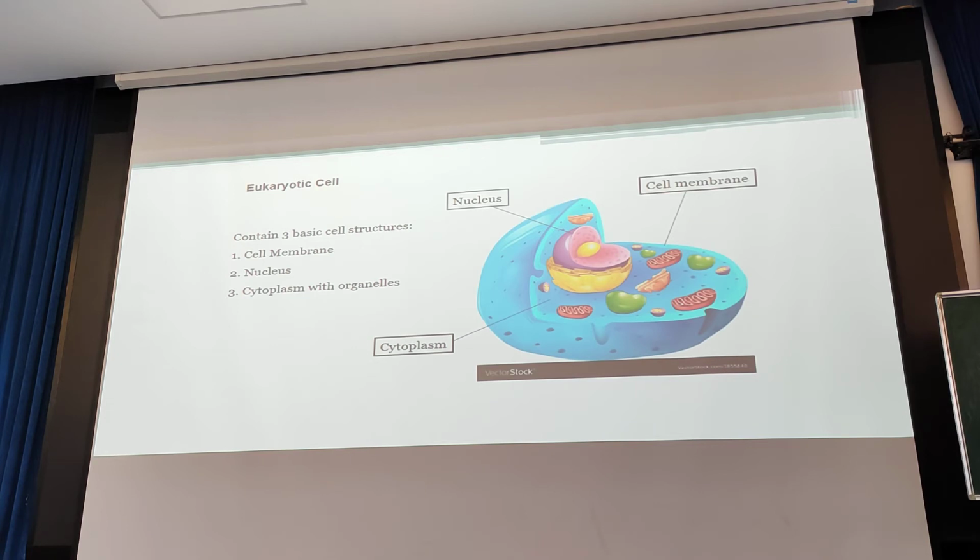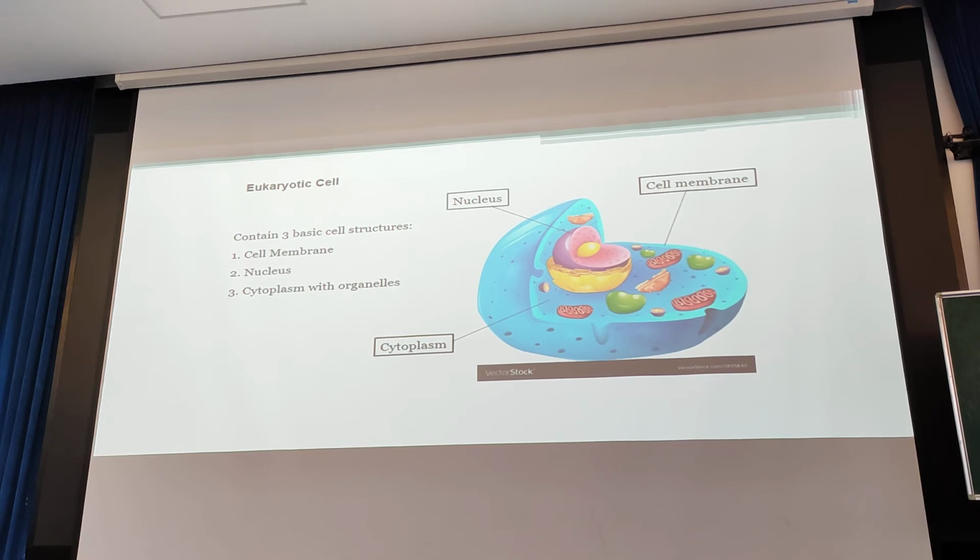In eukaryotic cells, all the eukaryotic cells contain three basic cell structures. The first is the cell membrane, like we have skin to protect our bodies and distinguish our body from the environment, and the cell also has the cell membrane. The second very important part is the nucleus.